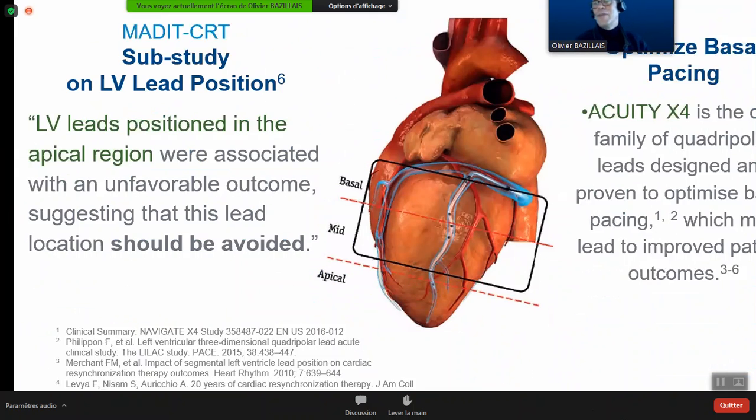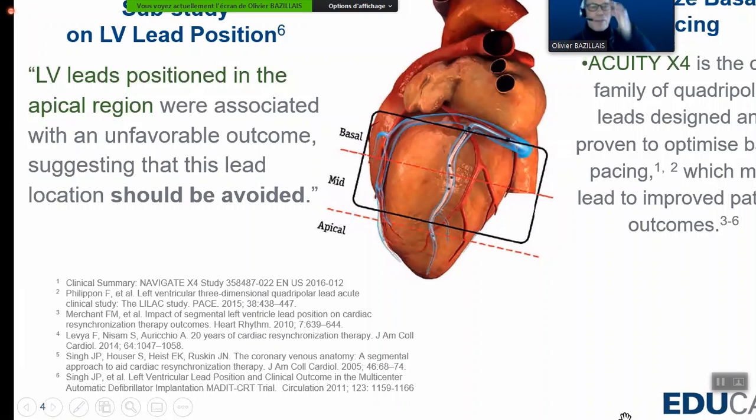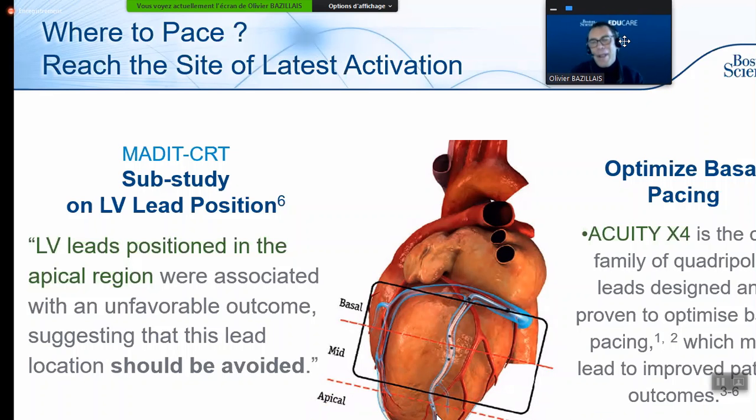So in terms of lead position, I think we all agree now the LV lead should be positioned in the lateral vein, mid-lateral vein, and apical position should be avoided, because even if the threshold is lower, the resynchronization is not the best.